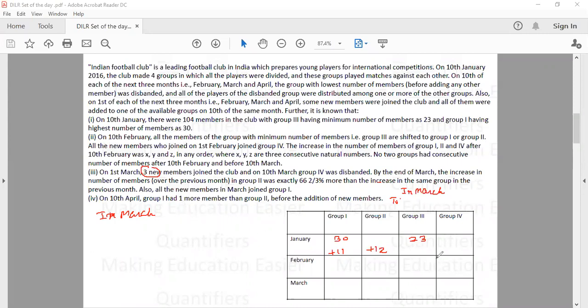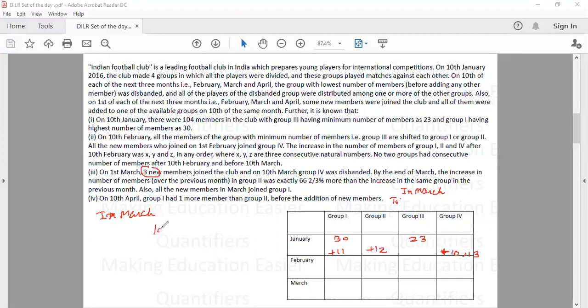We know that in the month of February, either 10 members were added in this group or 13 members were added in this group. In January, after 10th January or before 10th of February, whatever you want to say, either 10 members were added or 13 members were added. So how many members were there in March?